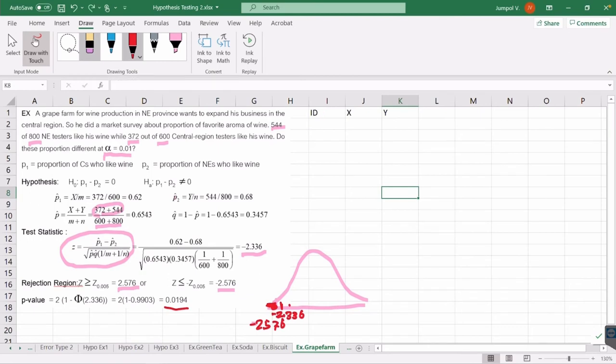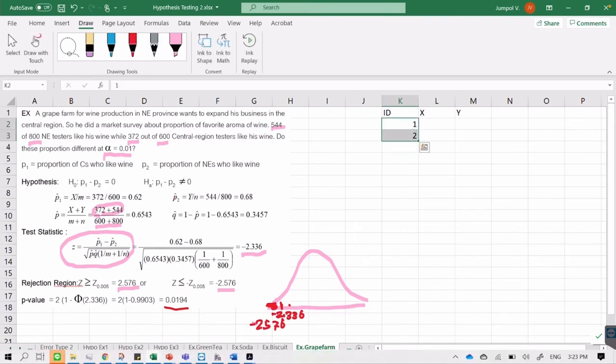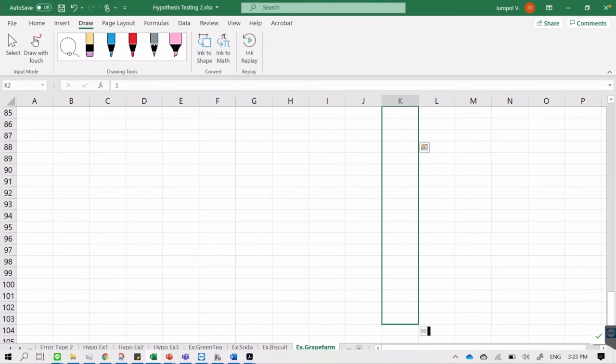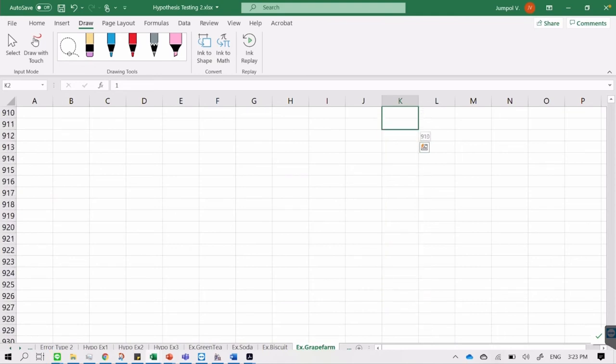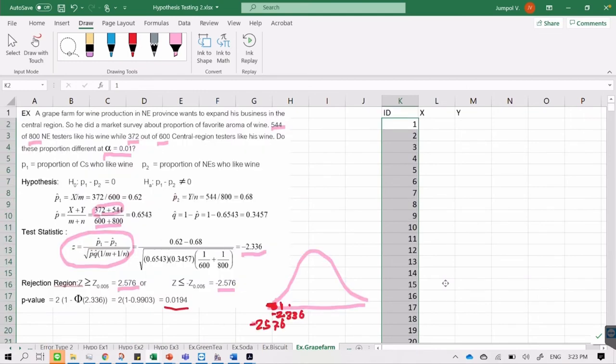So we can try to use Excel to do that, and maybe we can see whether it's going to be easier or not. The first thing we need to do is create the number of samples, which is 800 plus 600.